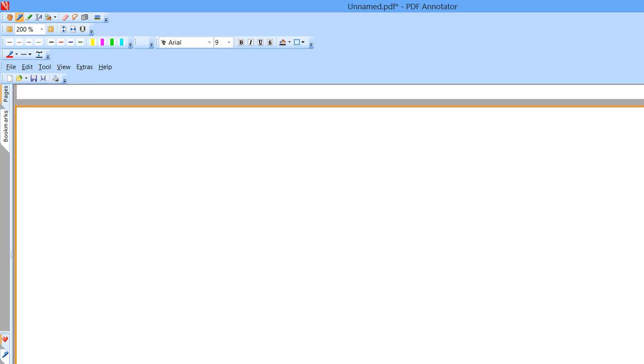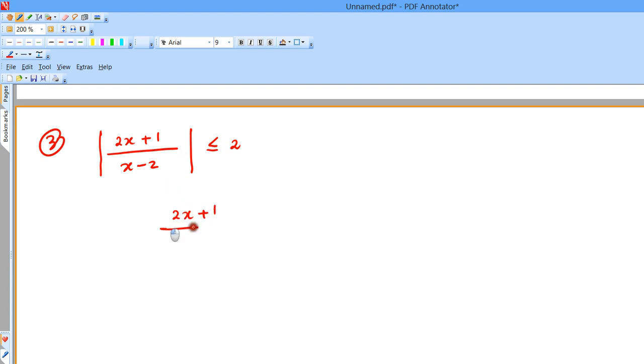Okay, next. Example number 3. We have |(2x + 1)/(x - 2)| ≤ 2. So this absolute value inequality is actually equivalent to -2 ≤ (2x + 1)/(x - 2) ≤ 2.